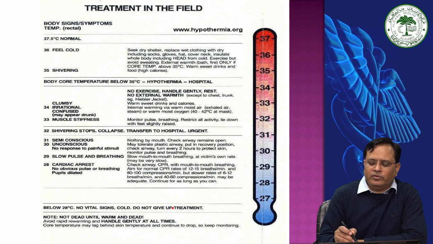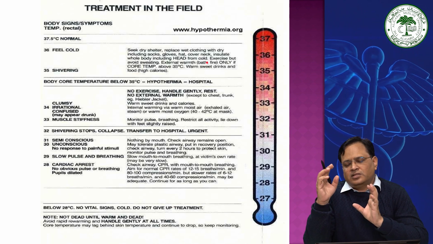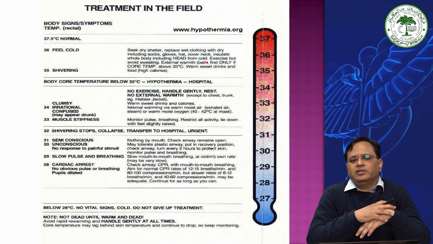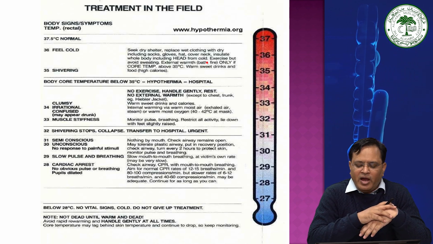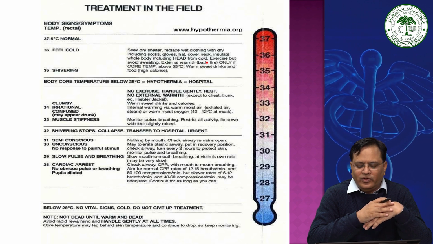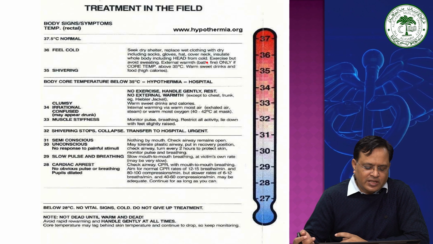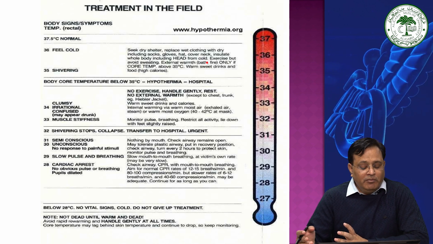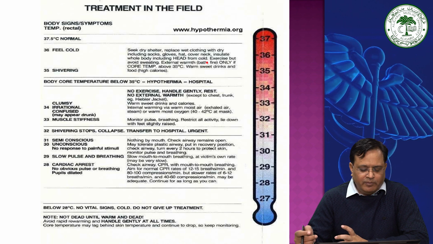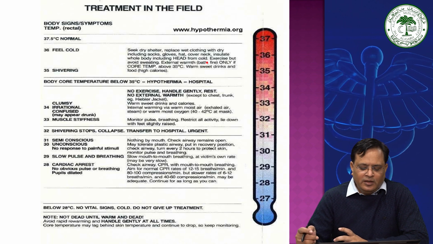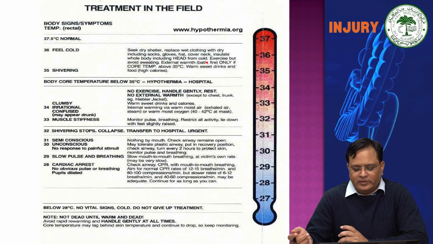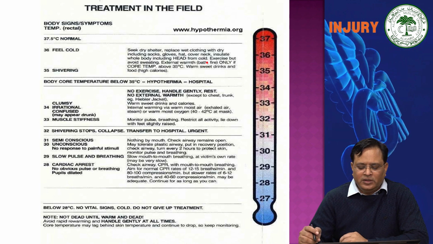It means we don't have to excessively heat a person whose temperature is already below 35 degrees centigrade. Warm sweet drinks and high-calorie food can be given, but when the body temperature is below 35 degrees, it is hypothermia and the patient should be in the hospital. No exercise, and generally no external warmth.